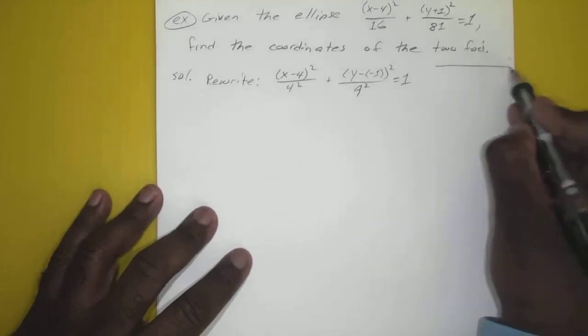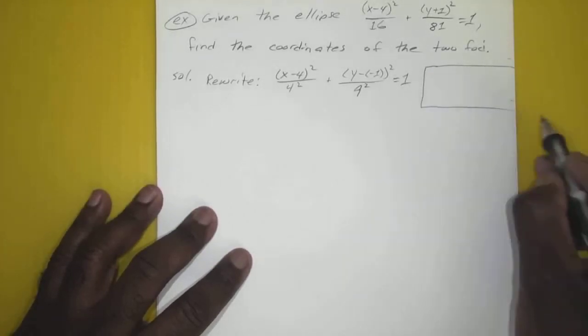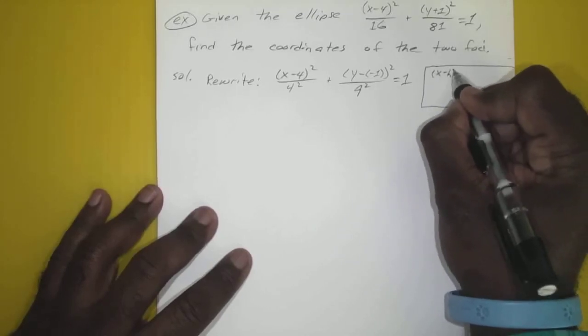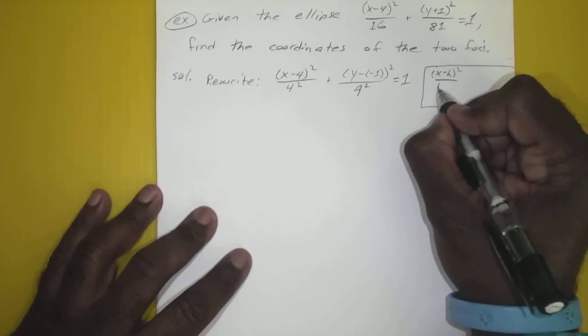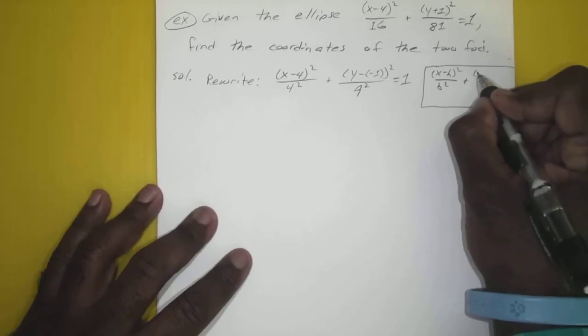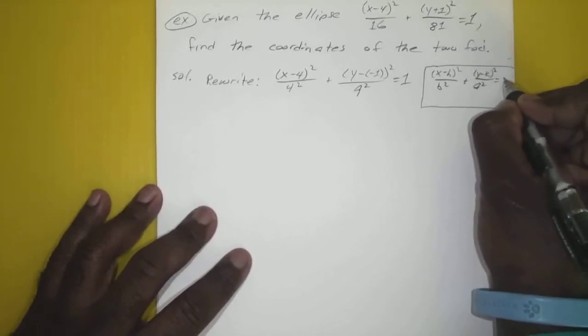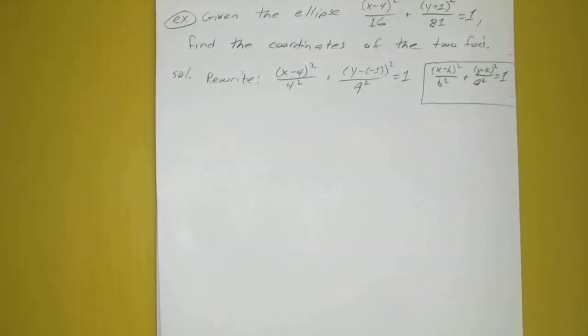So the one thing we can figure out from that is that it's in the form x minus h squared over b squared plus y minus k squared over a squared equals 1. Okay? And we know that because a is always bigger than b.